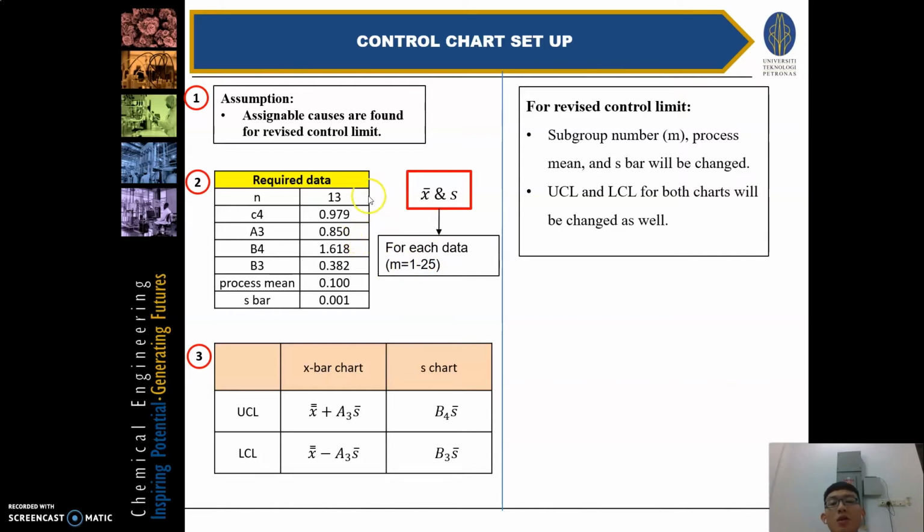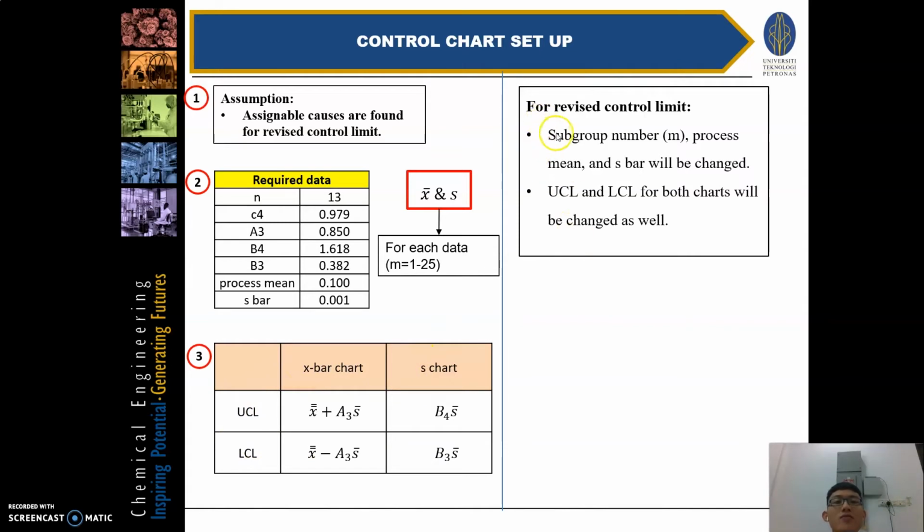We will require the sample size n, which is 13, and c4, A3, B4 and B3 are constants that can be obtained from the appendix table. The process mean and S bar can be obtained through the first 25 data points. After this, we will calculate the upper control limit and lower control limit for the X bar chart and S chart using this formula over here.